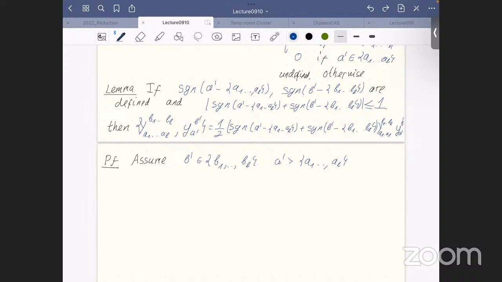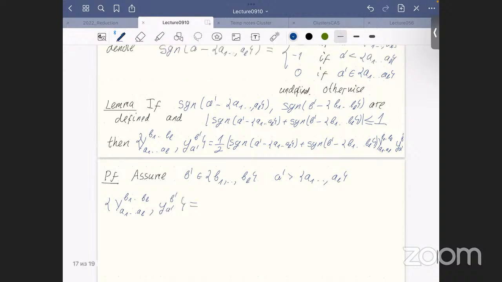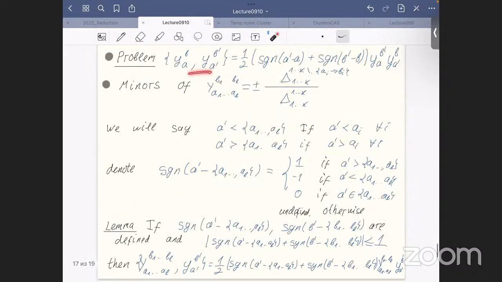Then let us compute the Poisson bracket of y. We can write down this determinant by definition and use this formula.